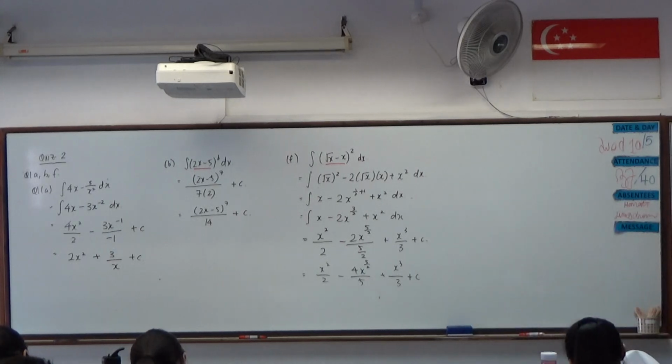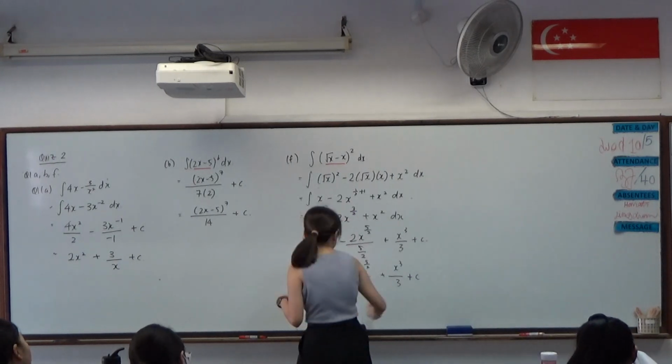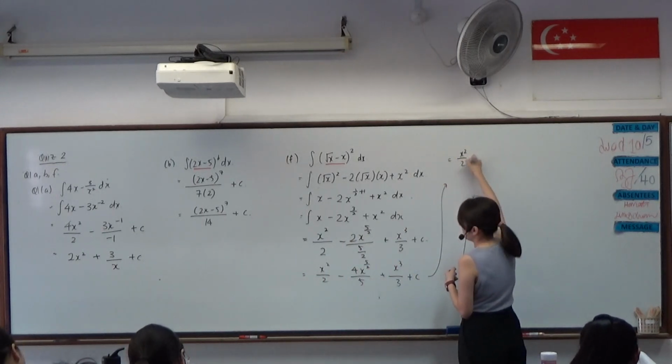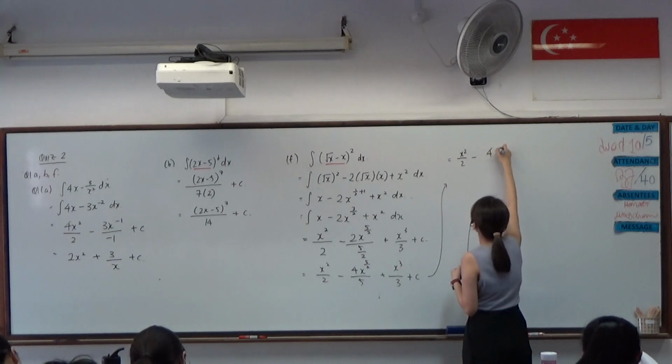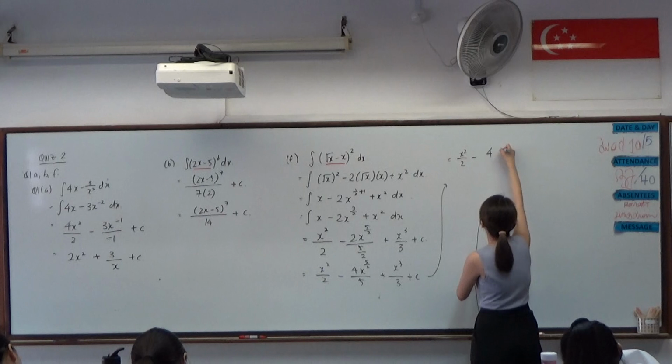So we get that. Alternatively, if you want to leave it in surds, you can put it as square root x to the power of 5.